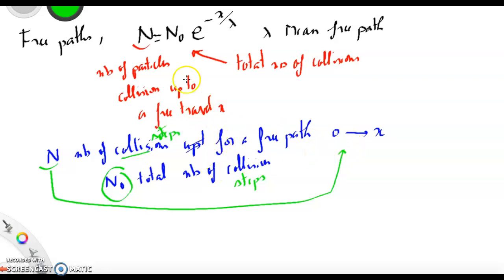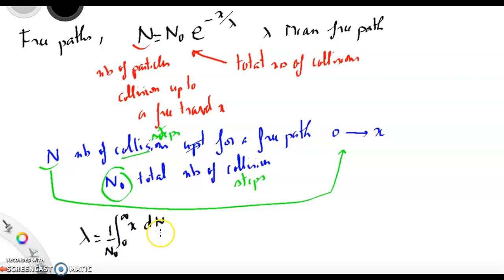And you've seen also that to calculate the mean free path, that's basically the way you calculate averages, you'd say that the mean free path is simply the integral of x dn from 0 to infinity divided by the total number of particles or of steps.